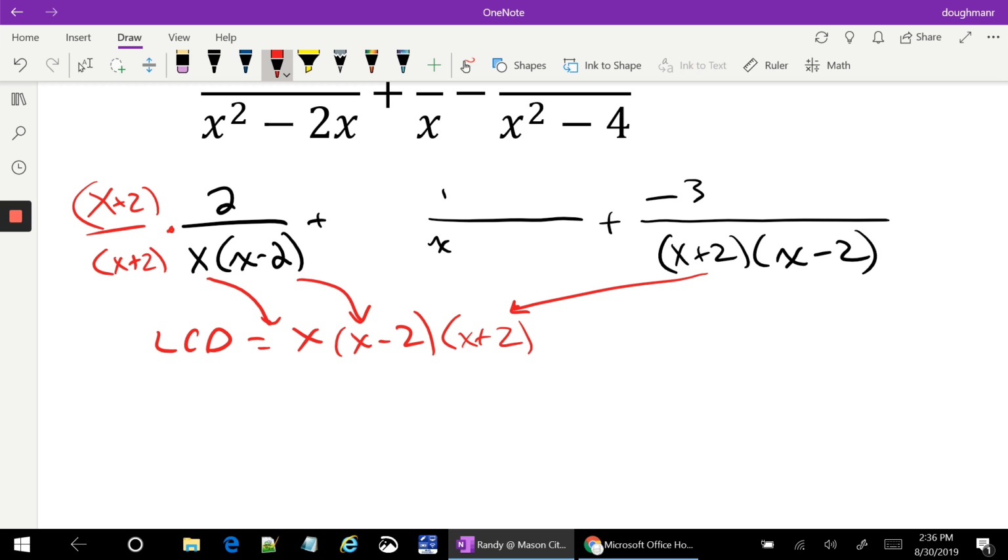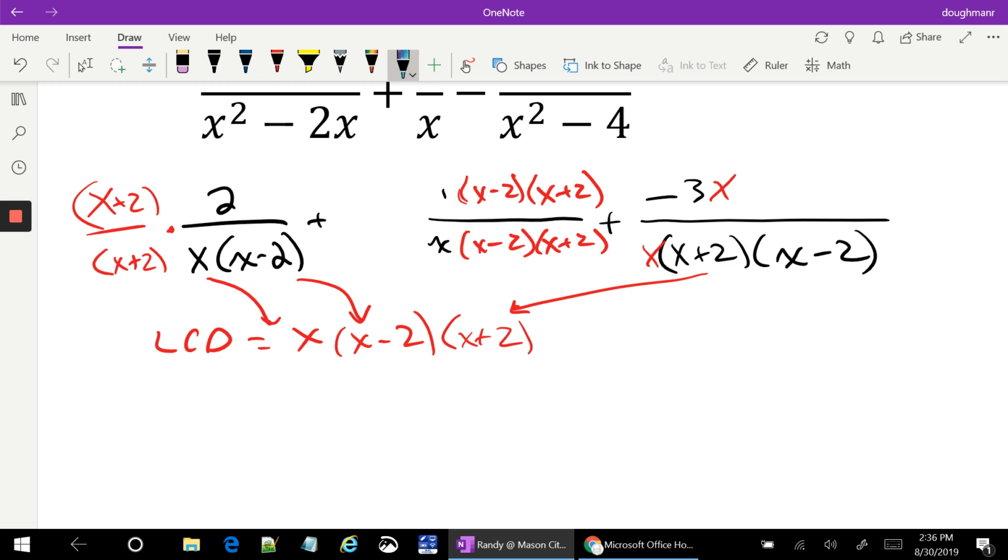Okay, so now I have all three factors for my least common denominator. The second term, I'm going to have to multiply by x minus 2 and x plus 2. And the third term looks like all I need is an x.